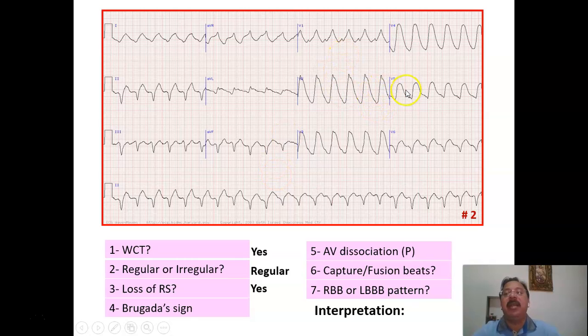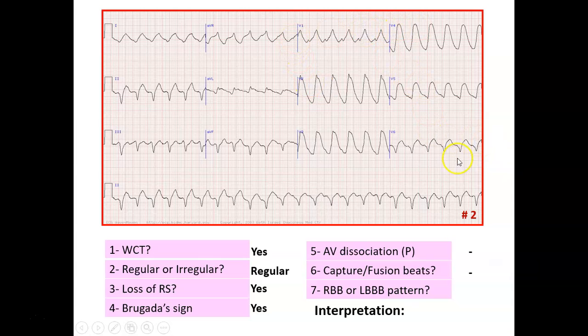Brugada sign is also positive, very wide. Any capture or fusion beats? Difficult to find. And the morphology of the QRS complexes is a right bundle branch block pattern. But up to point 3 or 4, we have already diagnosed that this is monomorphic ventricular tachycardia.